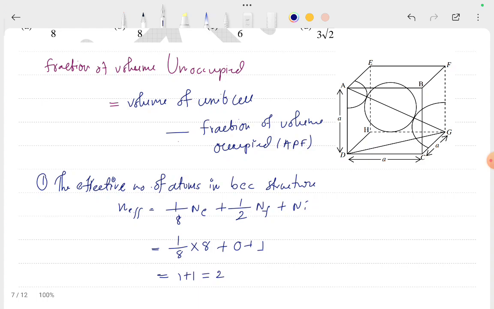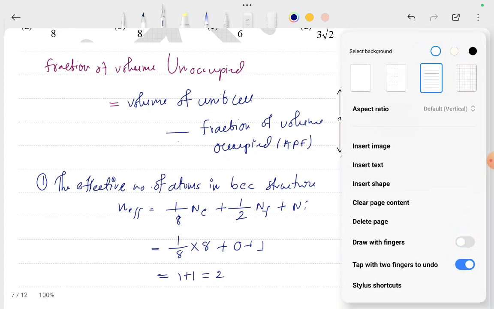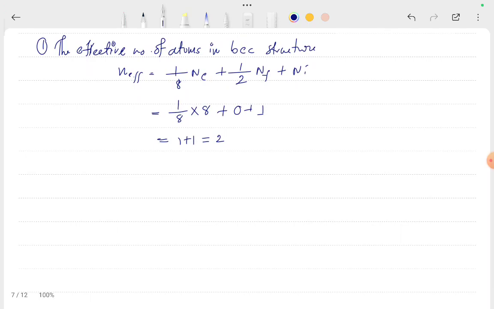Next, we calculate the radius of atoms in the BCC structure. This is our next task.